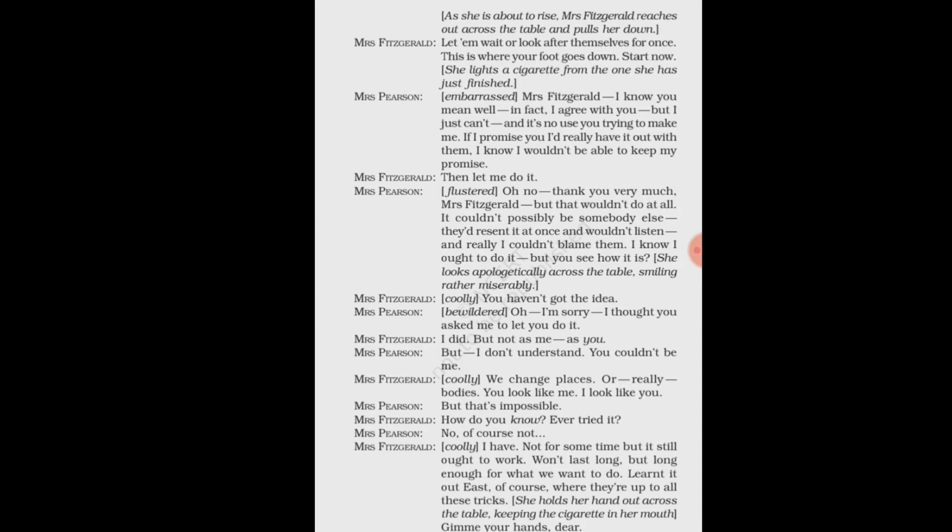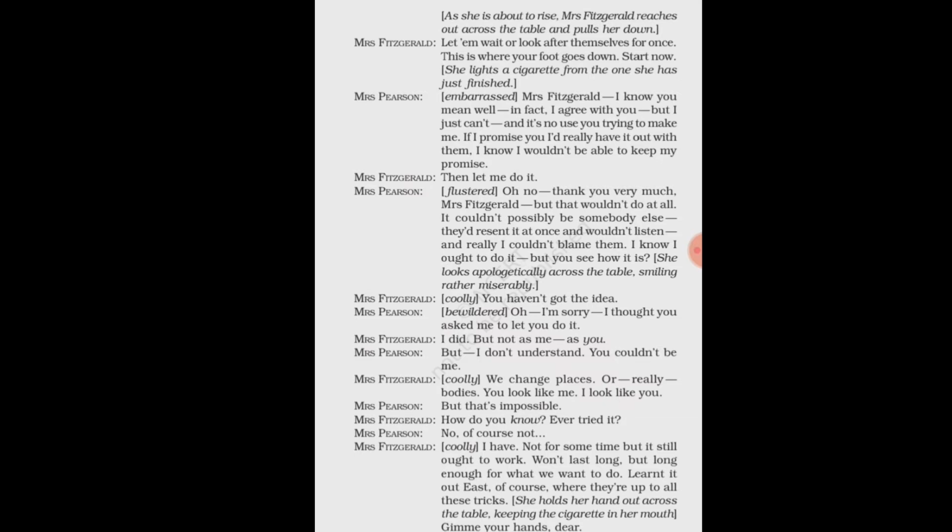So Mrs. Pearson says she knows what Mrs. Fitzgerald means and she also agrees, but it is no use trying to make her. Mrs. Fitzgerald says, then let me do it. Mrs. Pearson says no thank you, it wouldn't do, they wouldn't listen, and really she wouldn't blame them.